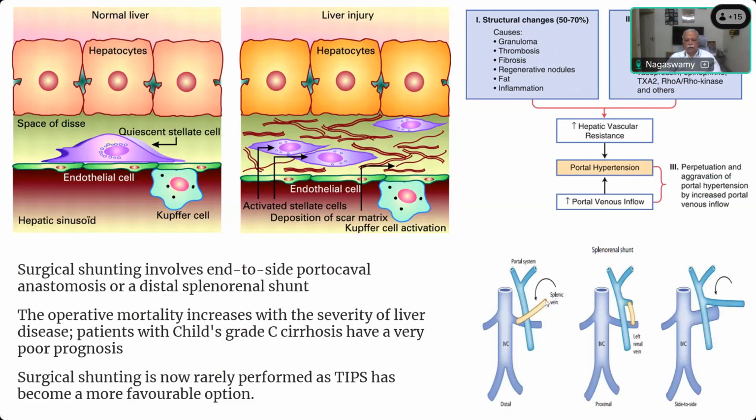Then there is a technique called proximal anastomosis, where you connect the left renal vein with the splenic vein coming to one of the branches of the portal system. Then there is a side-to-side anastomosis, where the portal vein or a branch of the splenic vein is directly connected to the renal vein. So these are the three varieties of splenorenal shunt which are done.